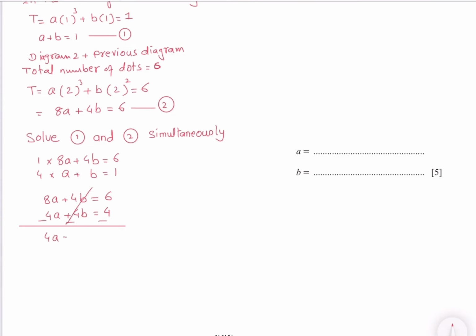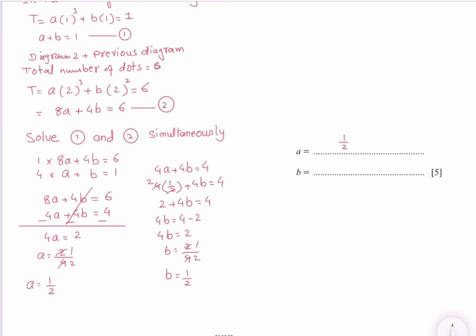Make signs opposite so that the b's will cancel each other out. So 4a equals 2 and a is equal to 1 over 2. Use any one of the equations and put the value of a in it to find out b. So your b is 1 over 2.